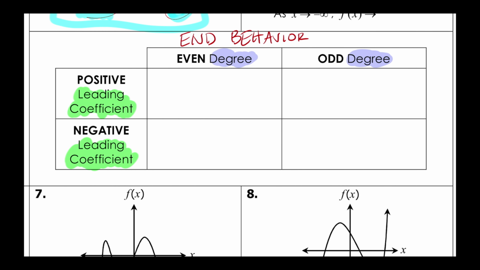So what I want to do first is do something you're familiar with. I want to look at even degree, because we spent so much time doing an even degree polynomial and graphing it. What was that polynomial that we worked with for a long time last semester and the beginning of this semester? What kind of equations?